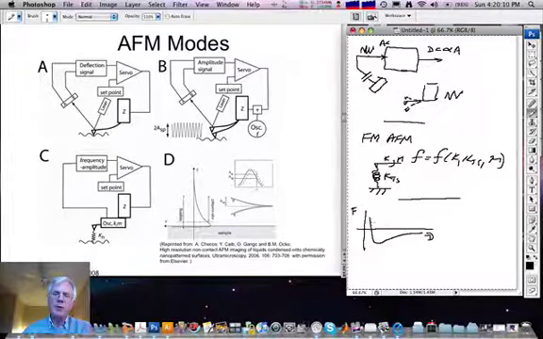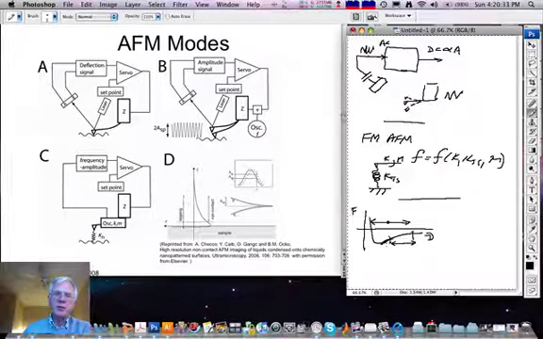In tapping mode, one is operating over this range of amplitudes with the probe equilibrium position being here somewhere. In non-contact mode, one keeps the probe far enough away from the surface and the amplitude small enough that one never goes into this region here where the probe will spring into contact.